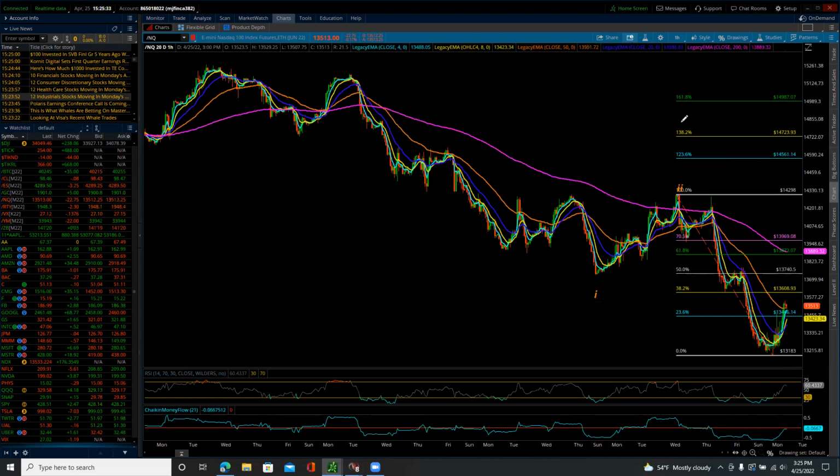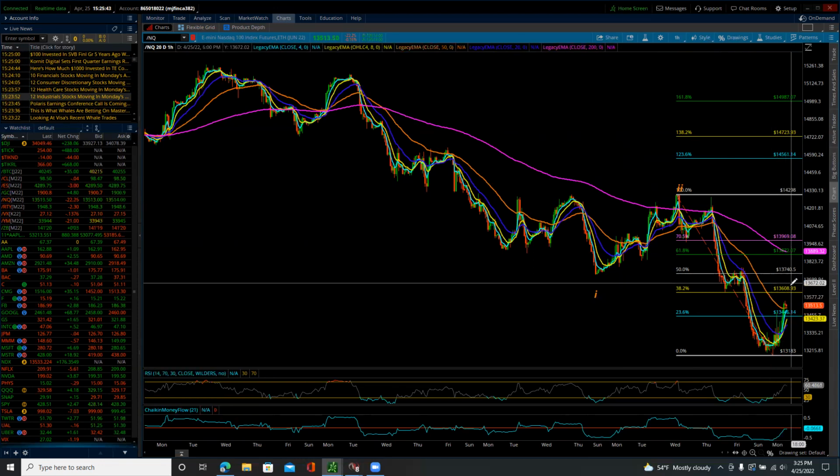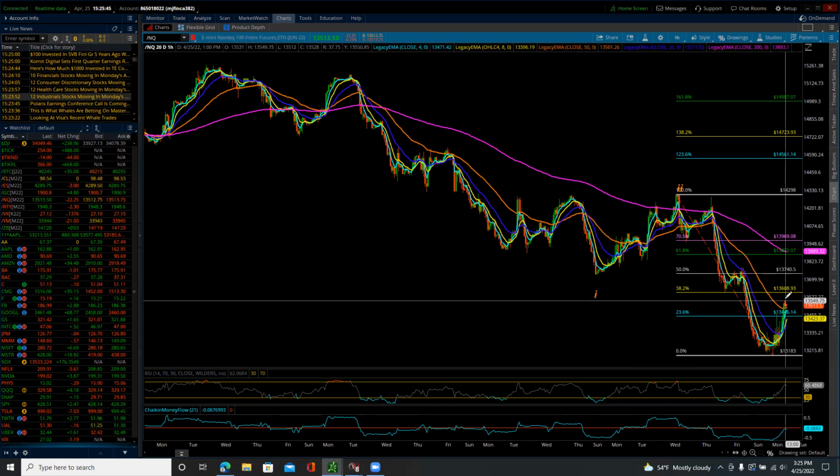As a day trader, if you know that once it starts to break 13,550, there is a very strong probability that it's going to go to 13,608, you're looking at 58 points, 60 points. I will trade it for 50 points. Why not? And so it's a good little day trade.